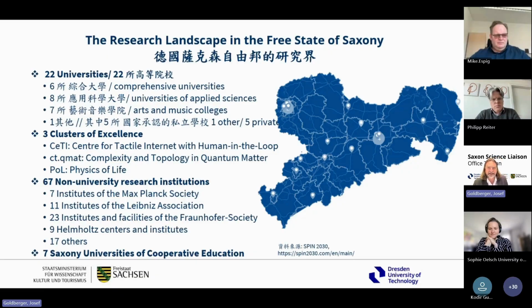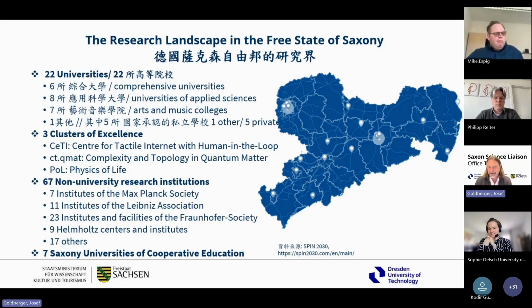That's especially great news if you are curious about research and if you're considering doing a PhD in Germany, or thinking about doing some postdoc research in Germany. So there are many options to also work in these research institutions.